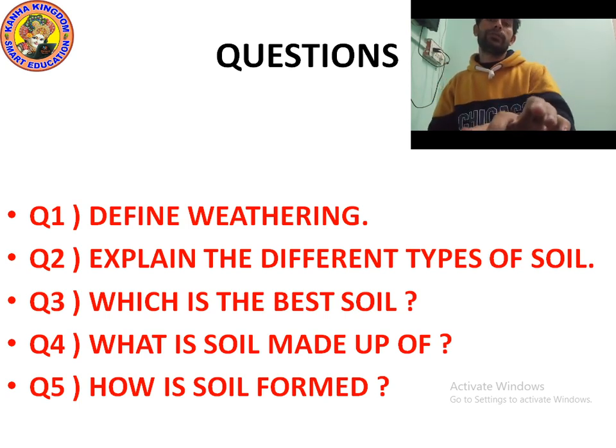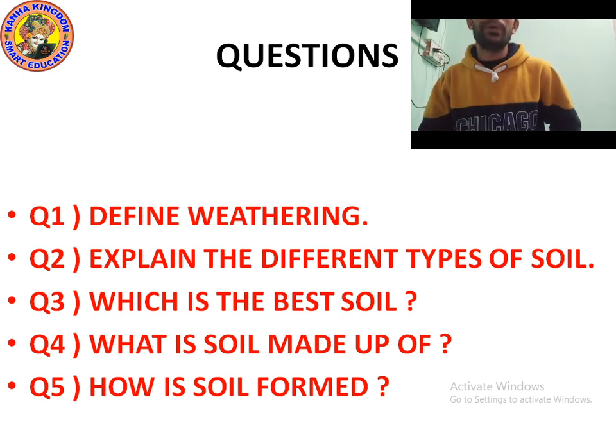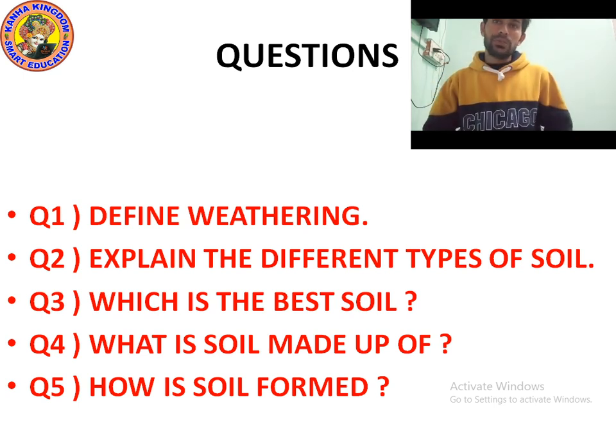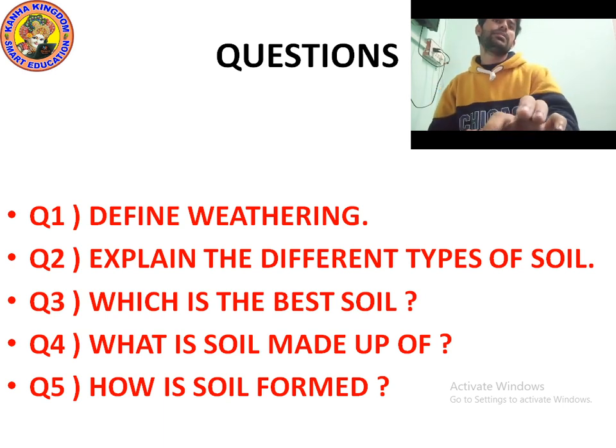Question number 5, last question. How is soil formed? Soil is formed by the weathering process. Due to wind, rain, hail, ice, heat, and cold, cracks come in the rock, and the rock divides into small fine particles which contain many minerals, nutrients, oxides of iron, sand, and quartz.